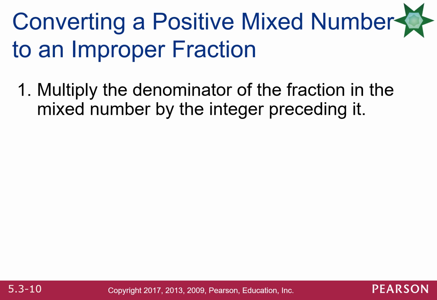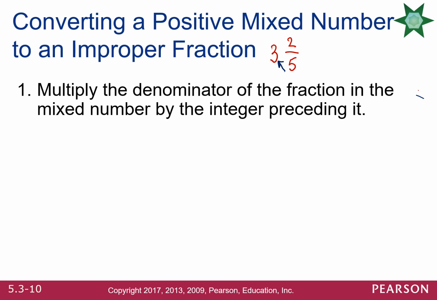We worked with 3 and 2/5, one of the examples we worked previously. It says here, multiply the denominator of the fraction in the mixed number by the integer preceding it. So it's 5 times 3. That's what they are asking us to do.